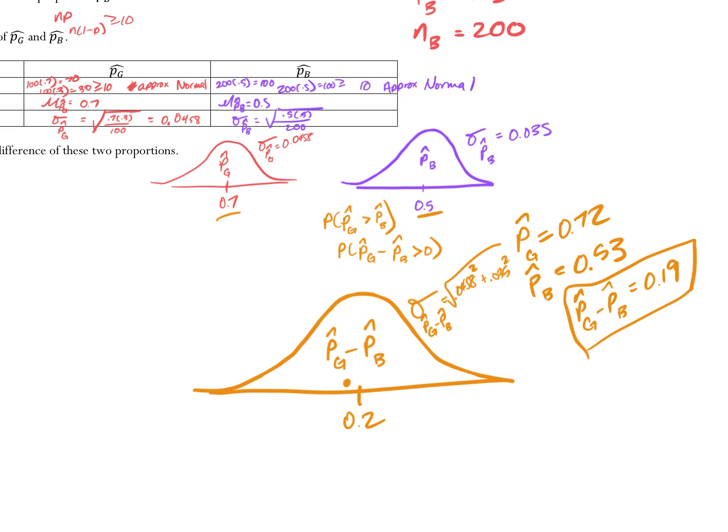Do you guys remember having to do that? This is the same thing where both my p hats are variables, right? It's almost like we have two buckets. We have this one and then a different one for Bexley. Okay? Everybody good?